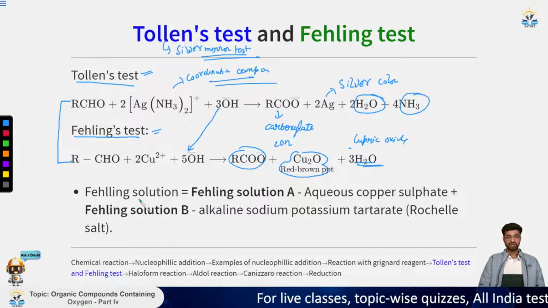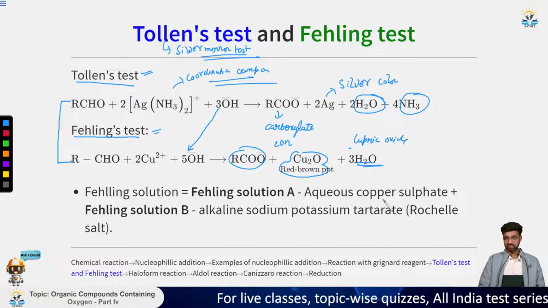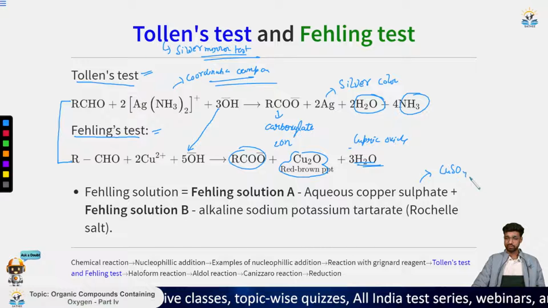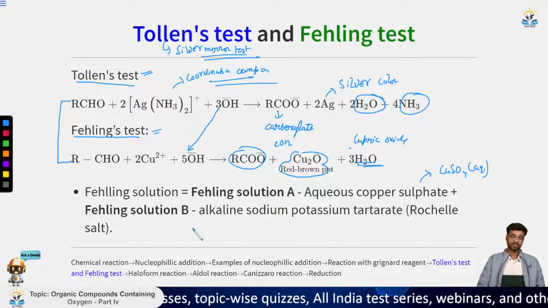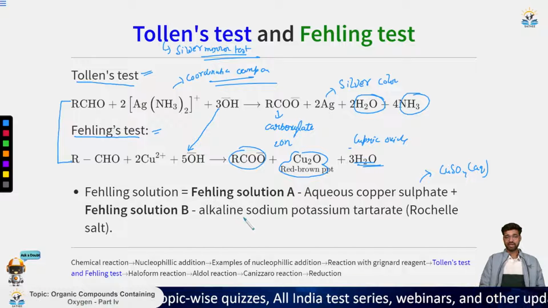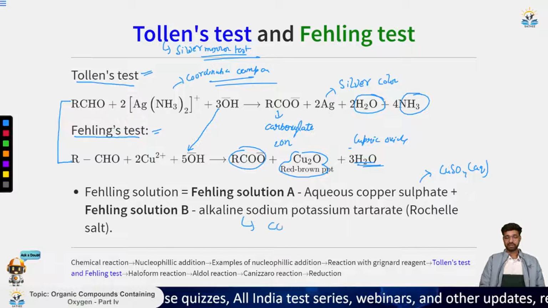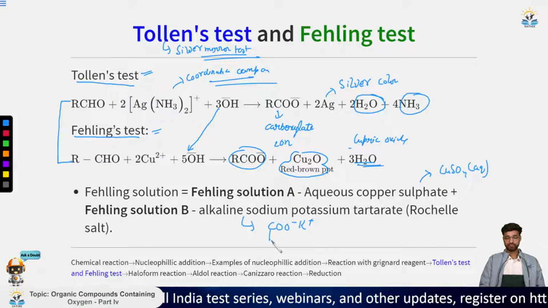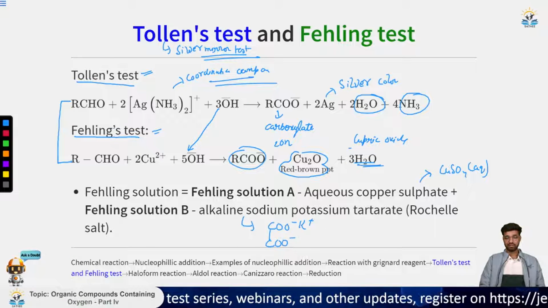Now what is this Fehling's solution? This Fehling's solution is mainly aqueous copper sulfate, CuSO4, and we have alkaline sodium potassium tartrate. The tartrate looks like this. We have one as potassium and one as sodium.